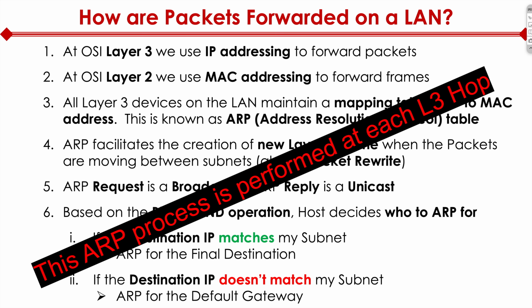And one final thought, guys: this ARP process is repeated at each layer 3 hop throughout our network. So if there are 10 routers in the middle, every single router between our source and destination is going to run the ARP process, assuming it's an Ethernet network.